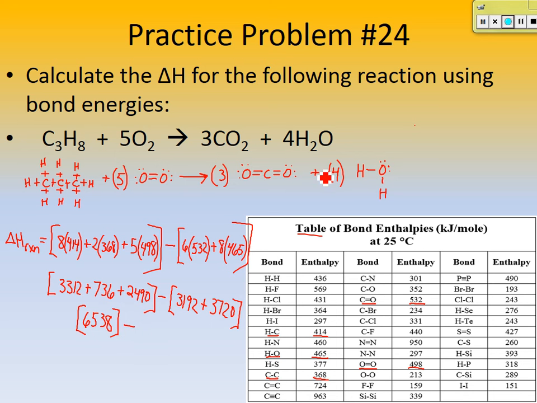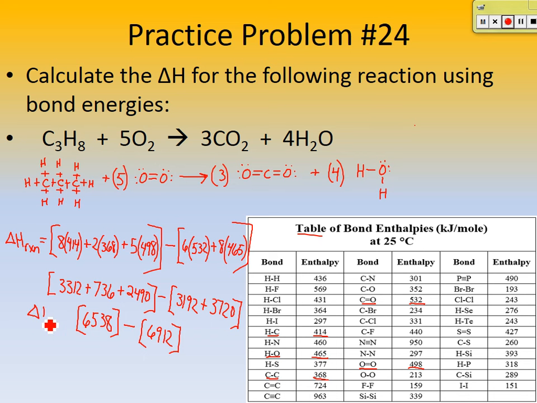Now, when we form these bonds, it releases some energy. So let's see how much that was. 3192 plus 3720 is 6912. So it releases 6,912 kilojoules when these bonds form. So it's releasing that energy.